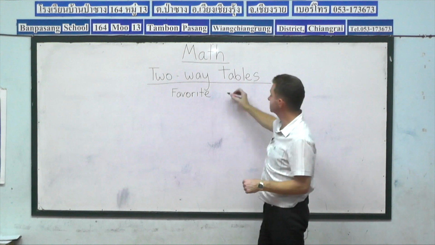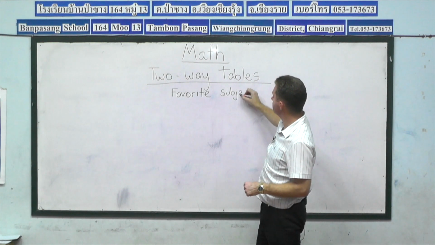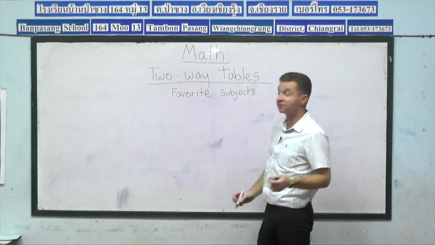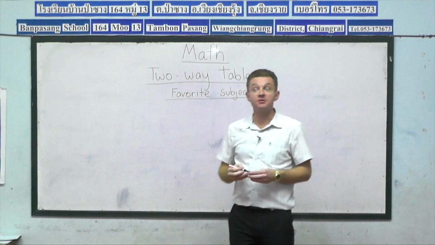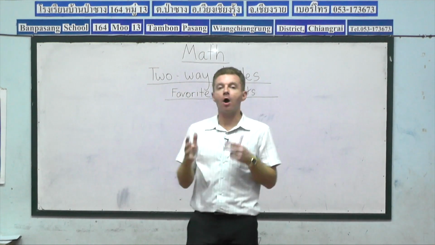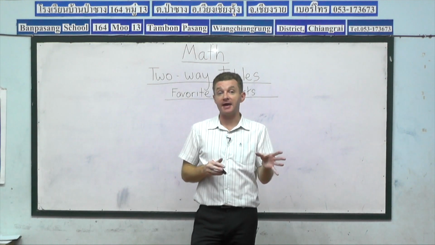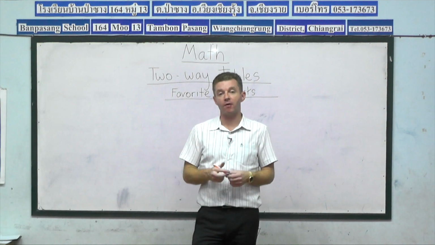And subjects, S-U-B-J-E-C-T-S. So all together, guys, we need favorite subjects. Yes, what our two-way table is going to be about is the different subjects that our students find the favourite in the different grades.